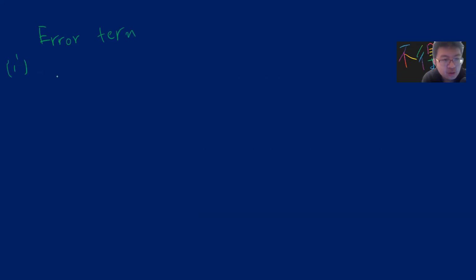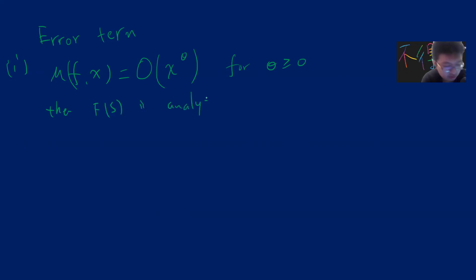The first one I want to prove is this: suppose your M_f(x) is bounded, say big O of x^theta, for theta greater than or equal to 0. Then F(s) is analytic for real part sigma greater than theta.